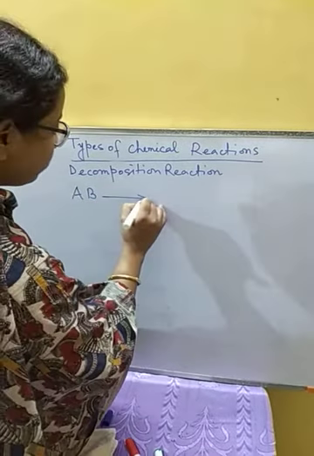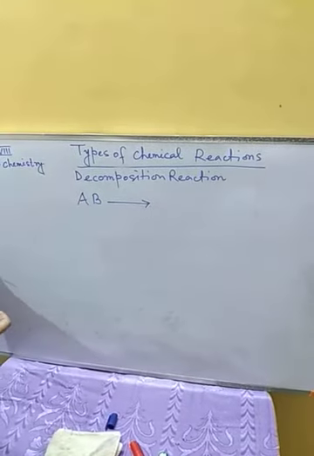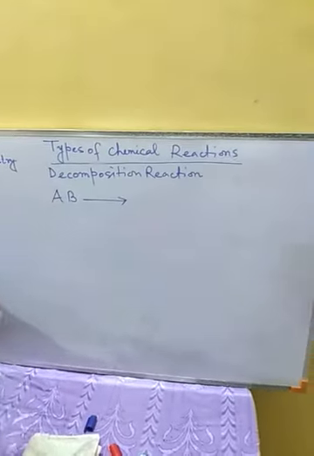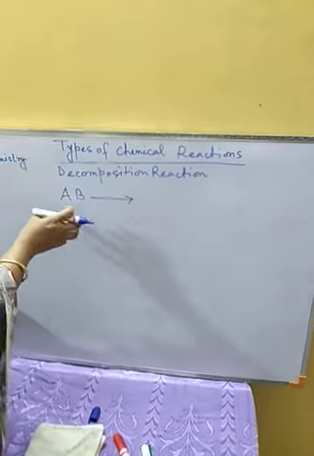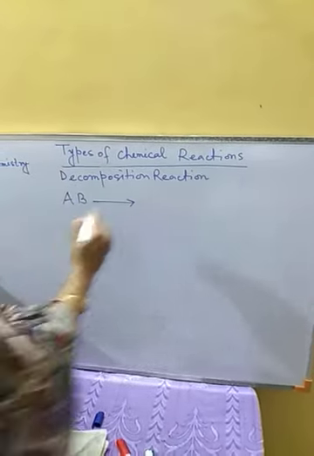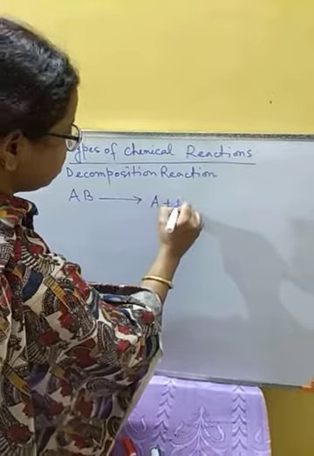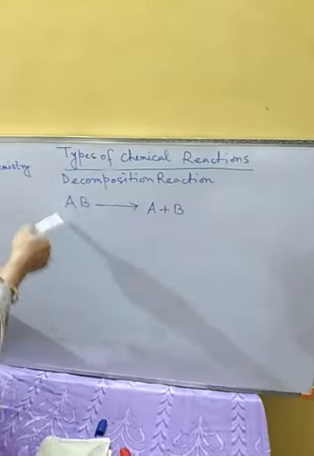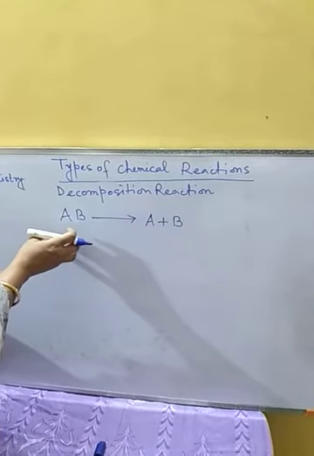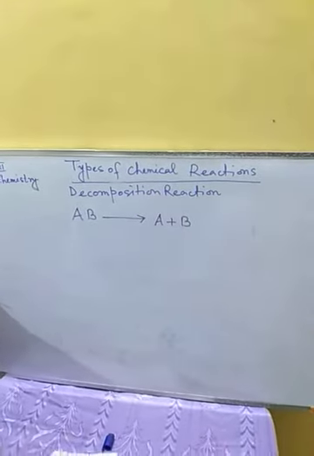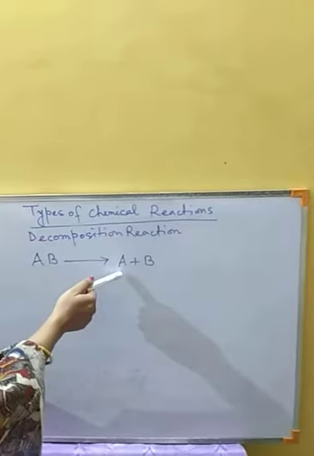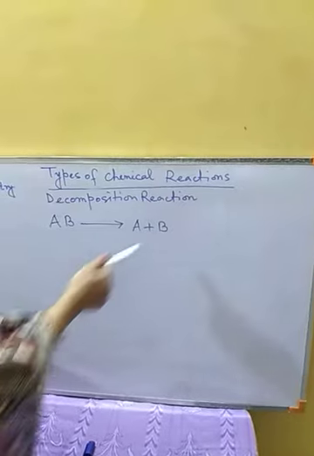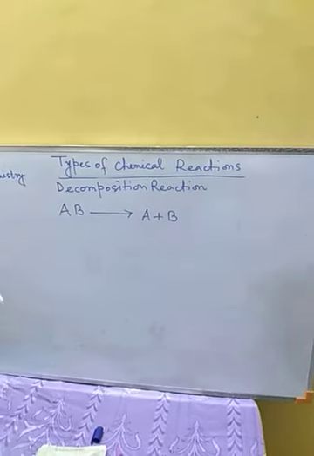This will decompose. Generally we use heat or any other method. If we apply heat on the substance, then it will decompose to produce A and B. These are the products. So this is the substance which is going to decompose, and after the reaction we are getting A and B, these two products.